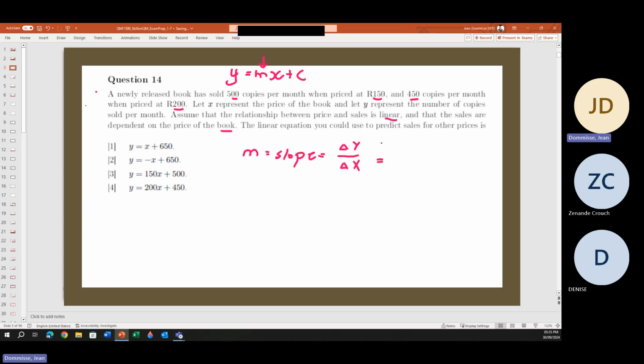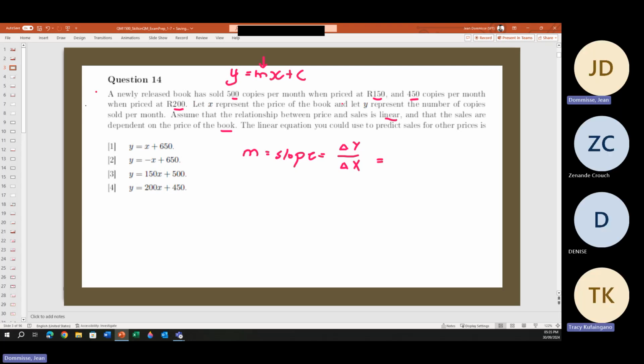Okay, so if we look at this again, they tell us that x is the price. The price was given to us when there are 500 copies, the price is 150. That was our first point.